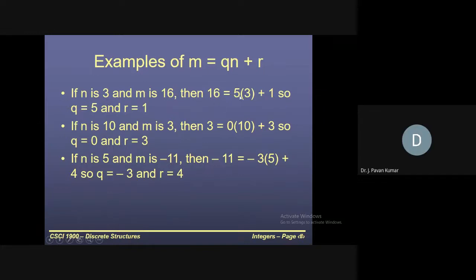Similarly, the value of q is 5. Q is 5, r is 1. Like that, every given two numbers n and m, we can write in the form of qn plus r. This is an important observation we need to identify.